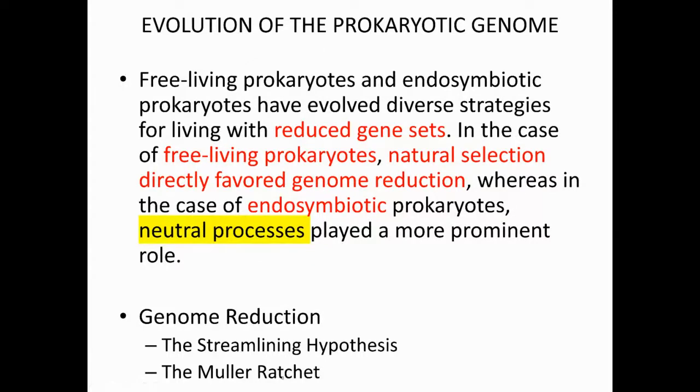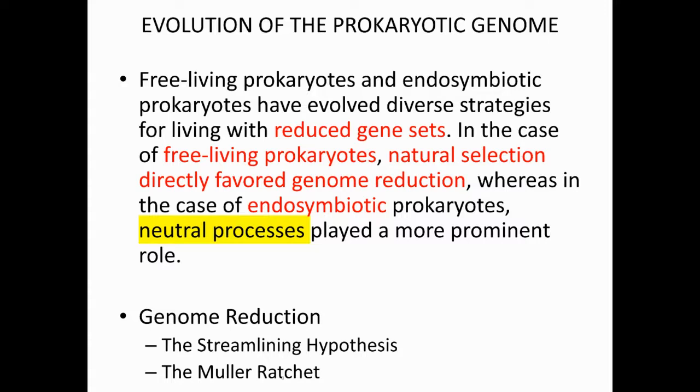For the streamlining hypothesis, basically smaller genomes are favored directly by selection as a way of cellular economization. This is the most common explanation for genome reduction in free-living bacteria.